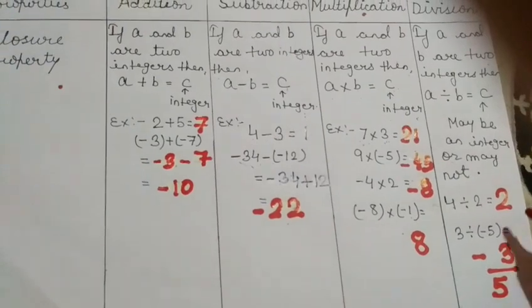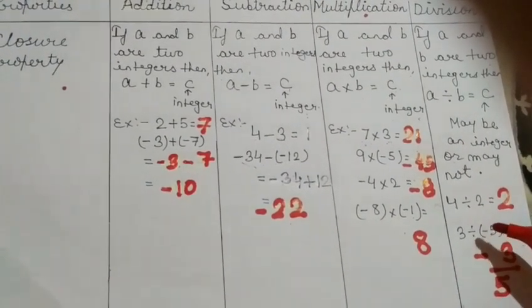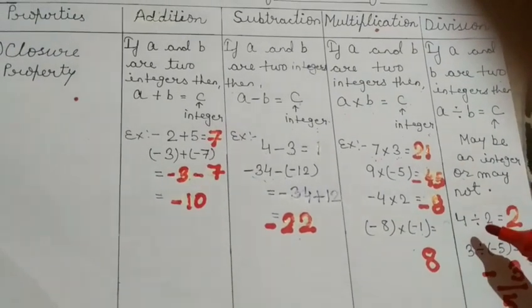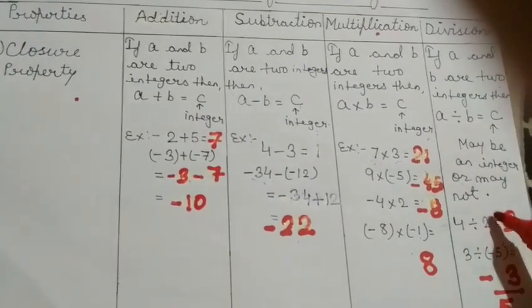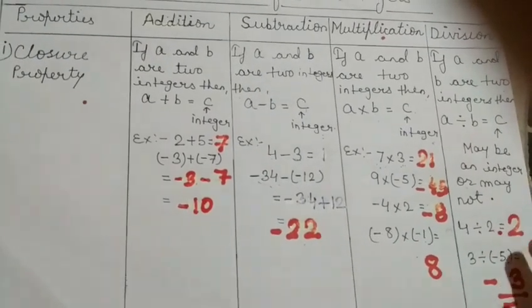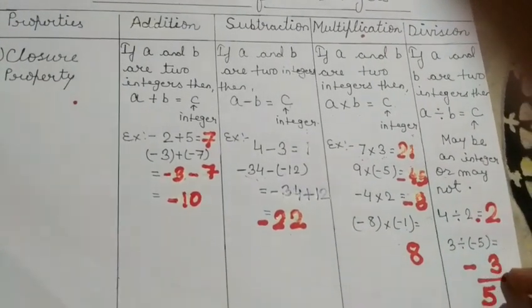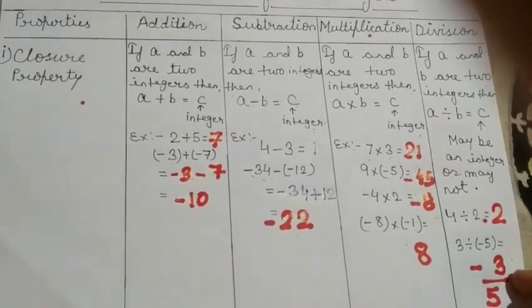So by both of examples we proved here that in some cases when we divide two numbers, in some cases quotient be an integer, but in some cases it may not.